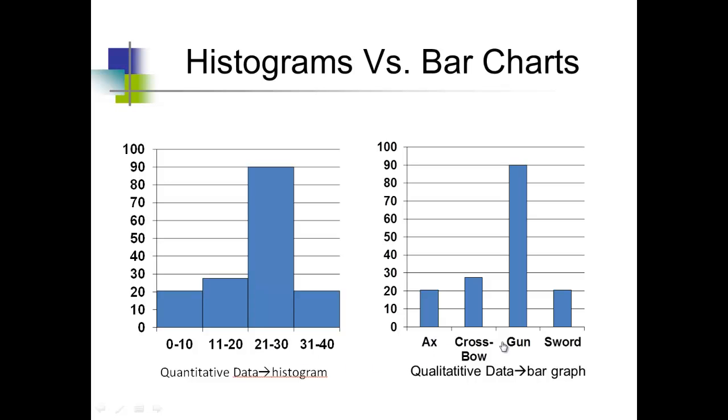Whereas with bar charts, the bars are kept apart, for a theoretical reason. So when you see these in tests and quizzes and other papers, know that if you're looking at a histogram, it's most likely quantitative data, and a qualitative data set is illustrated in a bar graph.